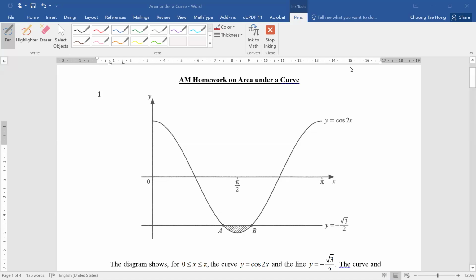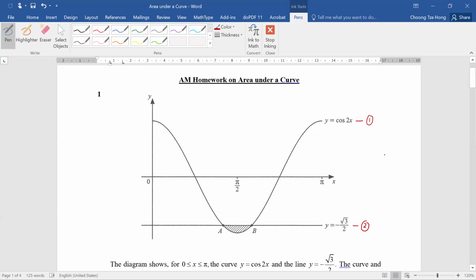Since A and B are the intersection points of the line and the curve, what we need to do is to solve the equations of the line and the curve simultaneously, and we will be able to find the x coordinates of A and B. Let's call the equation of the curve equation 1 and the equation of the line equation 2.